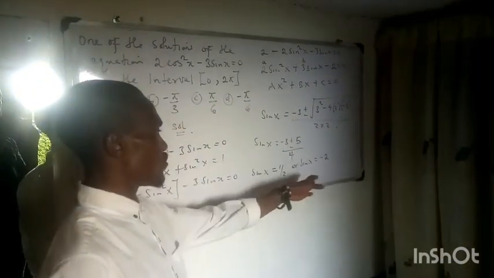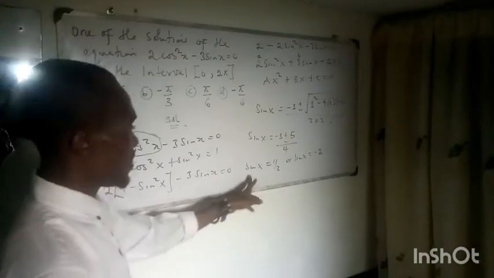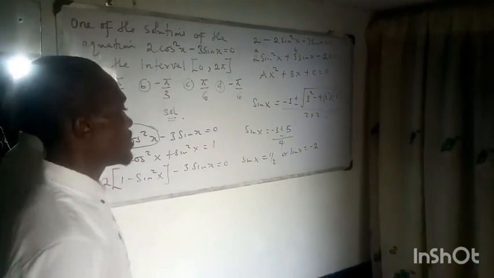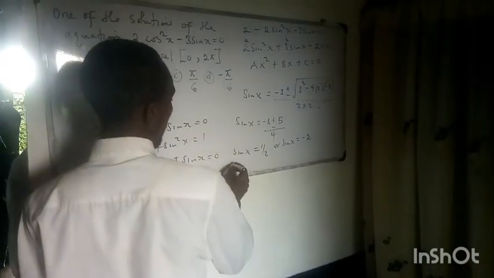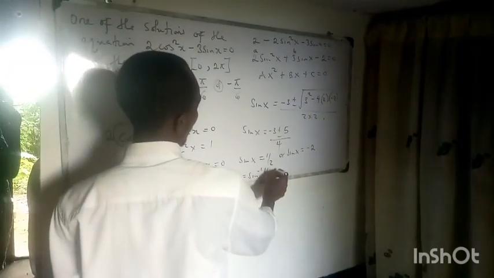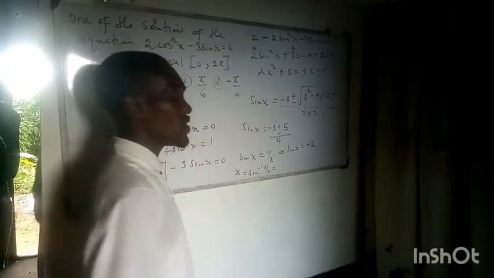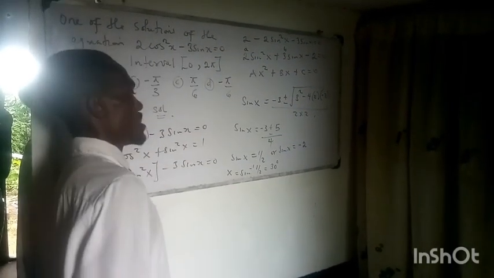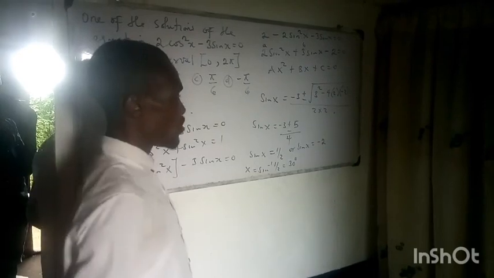Now we have two different expressions to work with, but let's work with this one. Now this is going to be x is a sine inverse of half, which is sine 0.5, which is 30 degree. And in radian form, what is 30 degree?